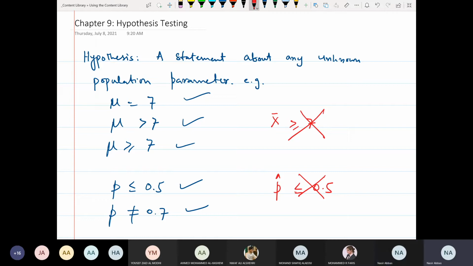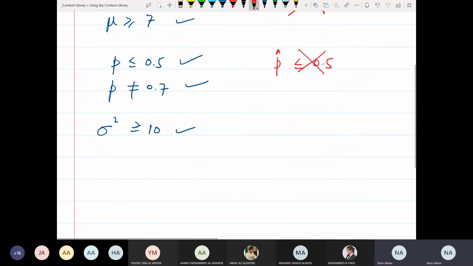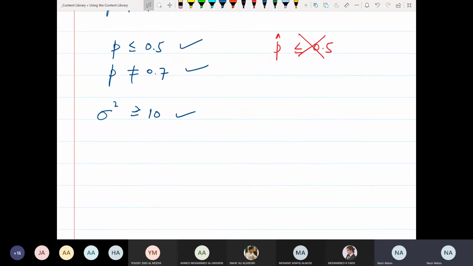So the first thing we will do is we will formulate the hypothesis about mu, and once the hypothesis is formulated, then we will check if this hypothesis is true or not. So the whole procedure that we follow to test if this hypothesis is true or not, that procedure is called hypothesis testing.